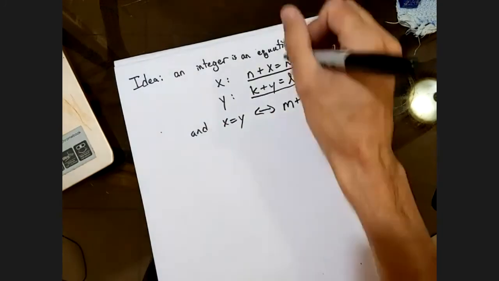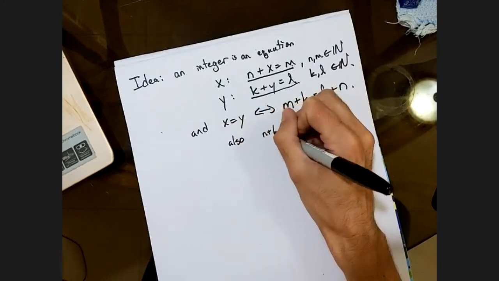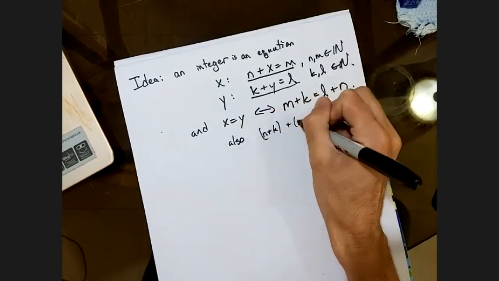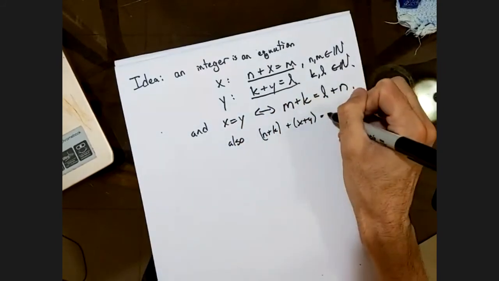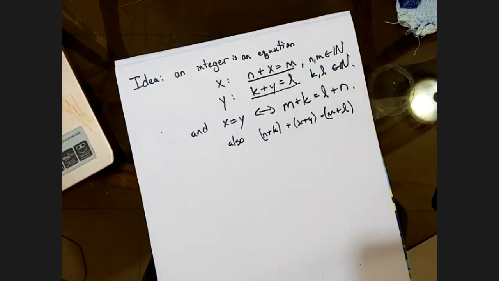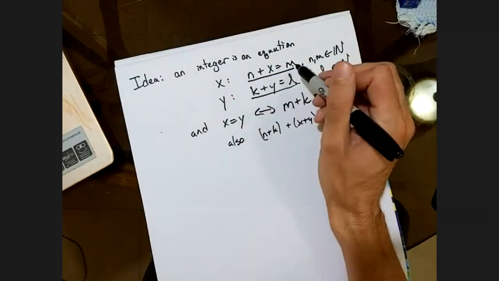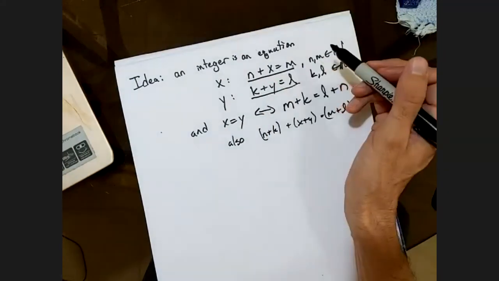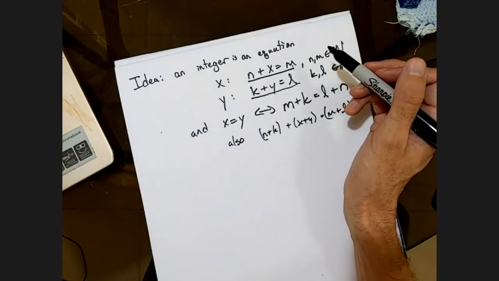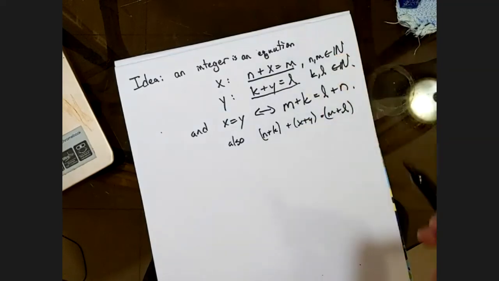If we add these two equations, we get n plus k plus x plus y equals m plus L. So an integer is just going to be an equivalence class, like the difference of two natural numbers.